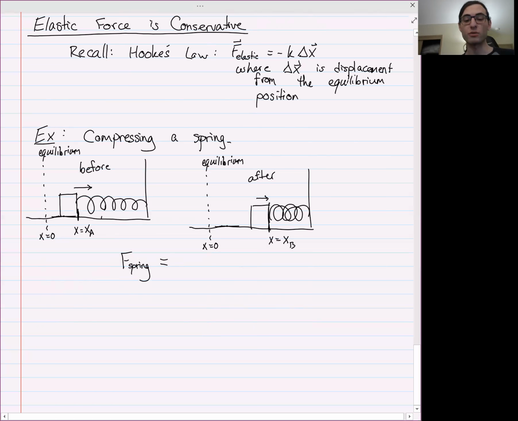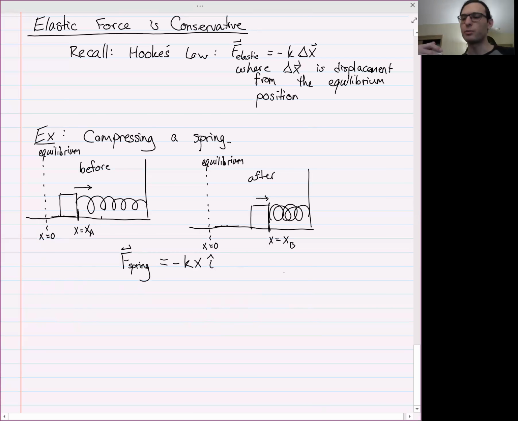The force should point to the left, and it should have magnitude k times the distance between equilibrium and the position it's at. So in fact, the force by the spring should be negative k times its position x times i hat.